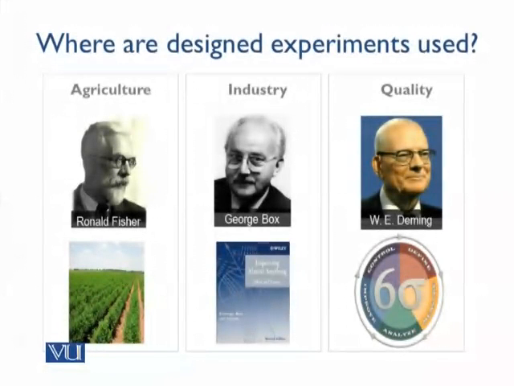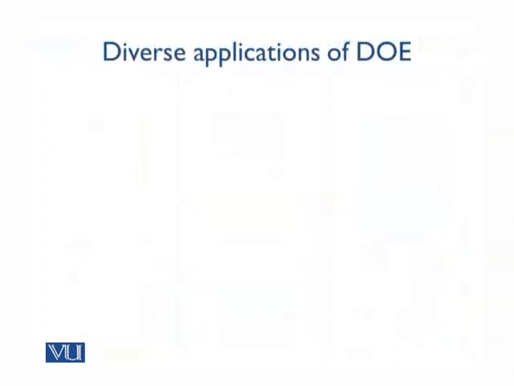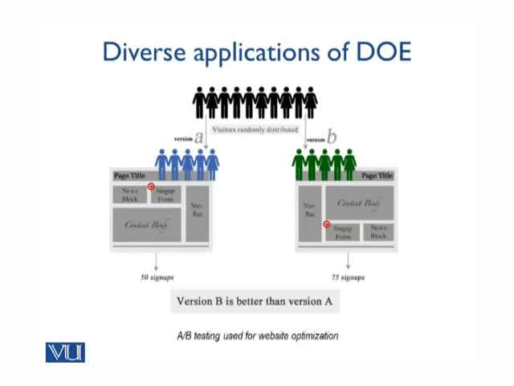Design of experiments is not limited to these three fields. So not limited to agriculture, not limited to industry, or to settings of quality control, but they are being used extensively in the modern world. For example, it is used in website design, because in website design, you may have a lot of different factors. So where to put the banner, where to put the button for signing up, where are the other options.